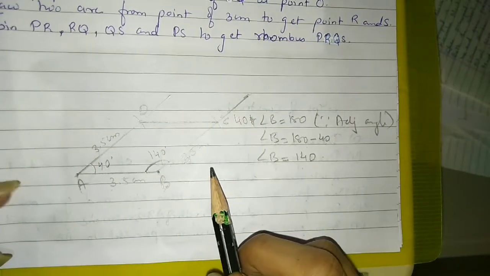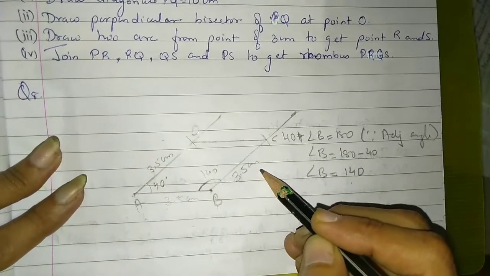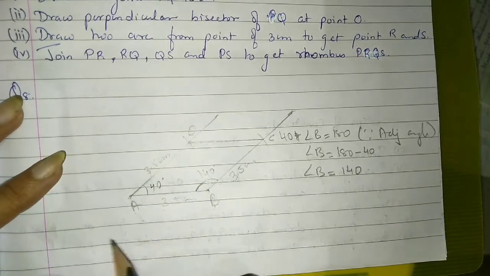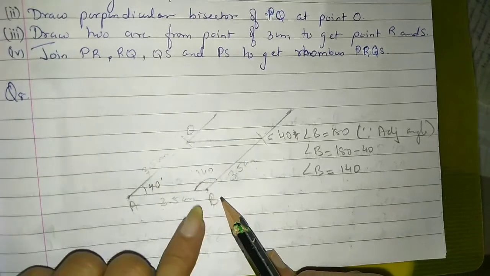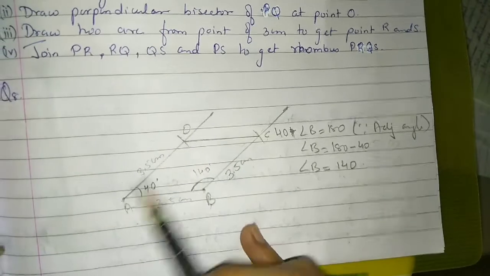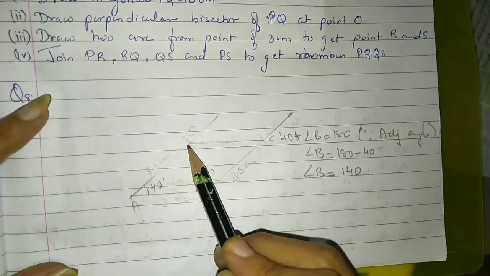After this, on the rounder I took 3.5 centimeter and put the needle on A and drew the arc, and from B drew the arc, and named them C and D. Then joined AD, BC and DC.